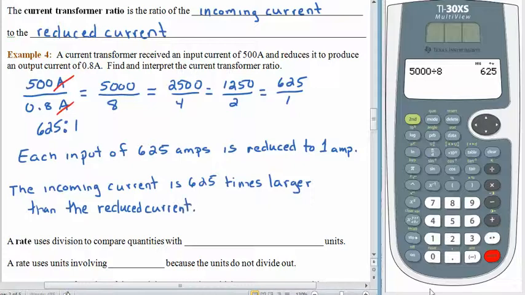And that's pretty useful information. And that's the only type of information we would get because we're comparing our quantities using division.